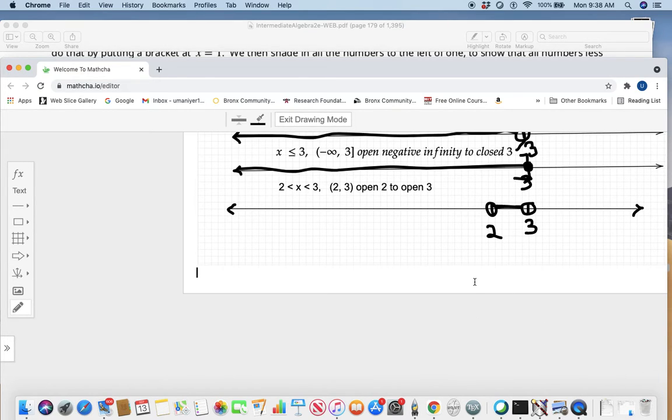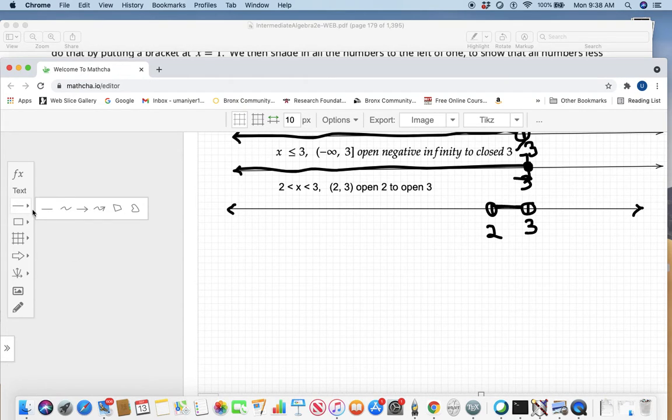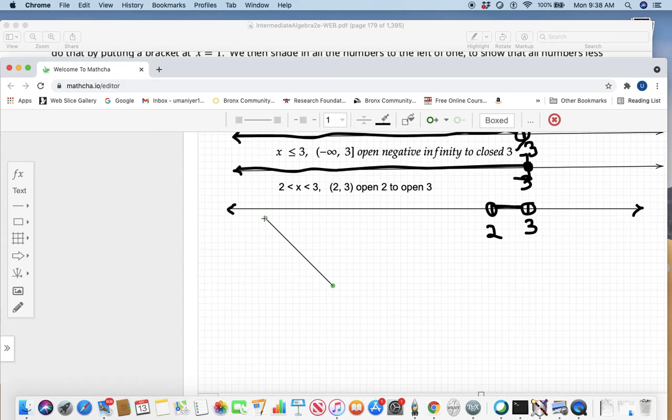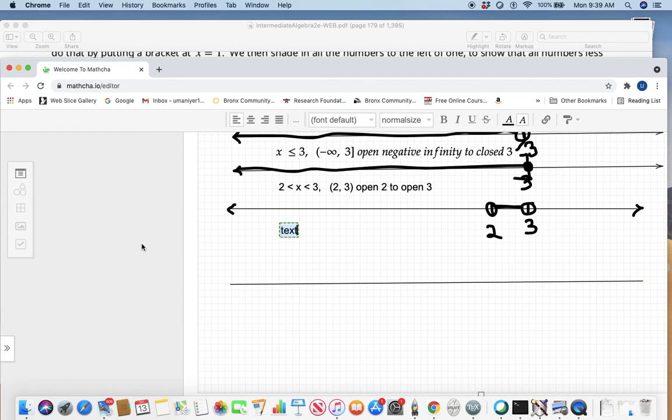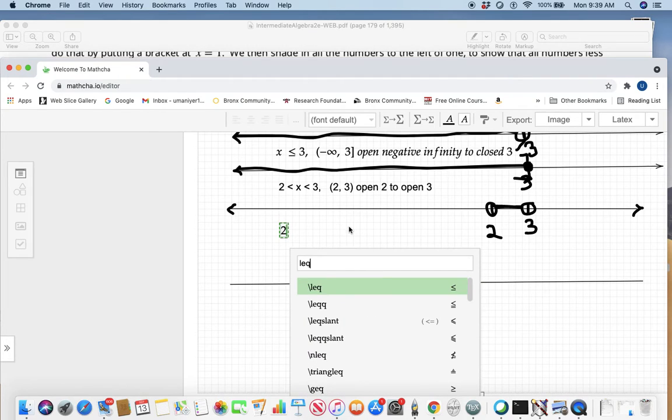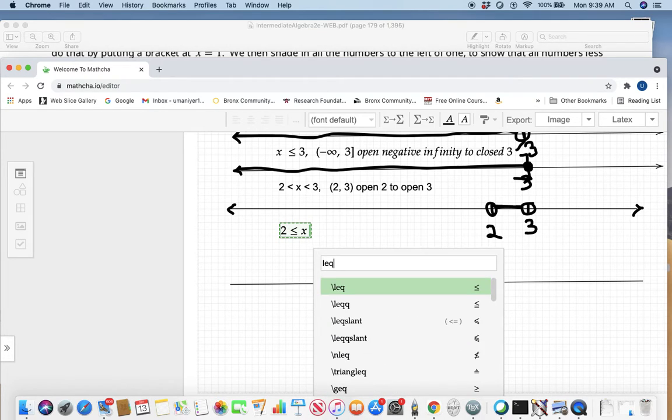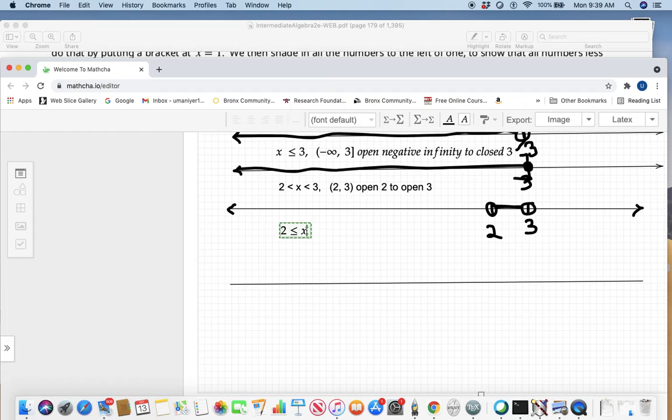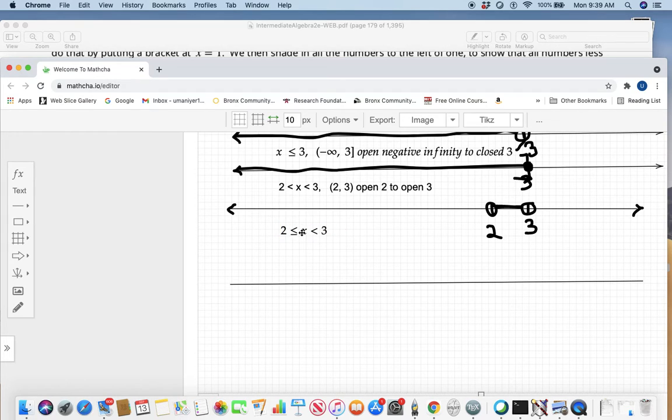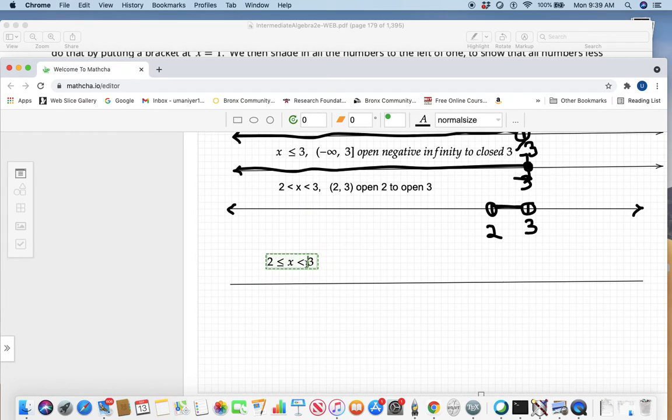Next, suppose you have 2 less than or equal to x less than 3. Okay, so how do I read it?